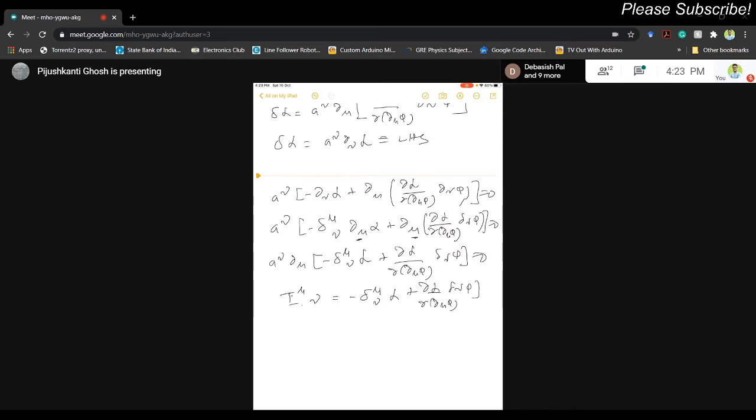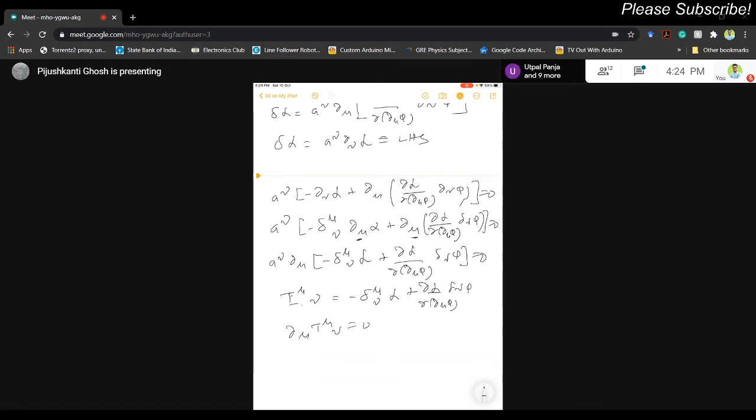Okay, there is again I wrote something wrongly. Okay, so this is the definition of T^mu_nu here, and we get del_mu T^mu_nu is equal to 0.